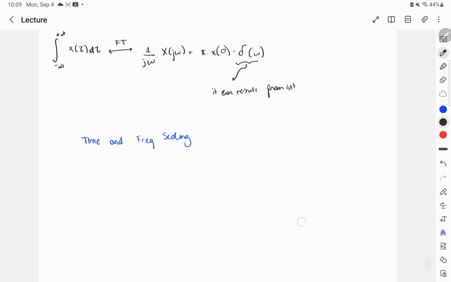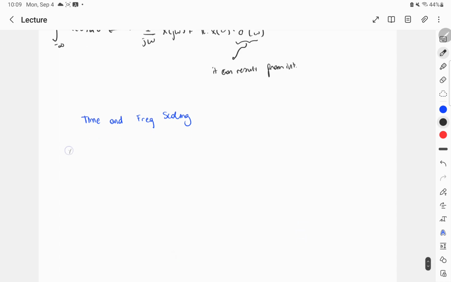And this one tells us that if function x(t) has Fourier transform X(jw), then x(at) has Fourier transform 1 over the absolute value of a, times X(jw over a).